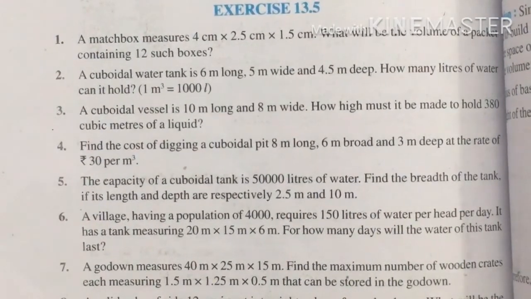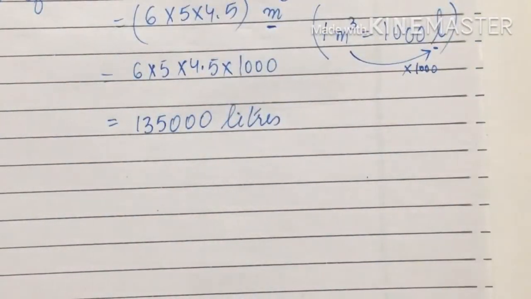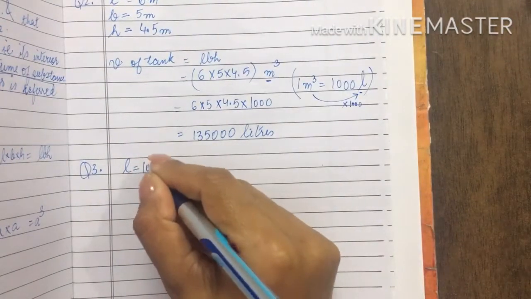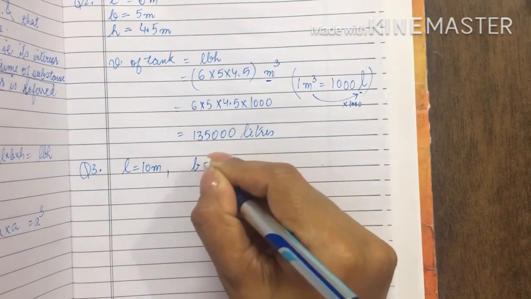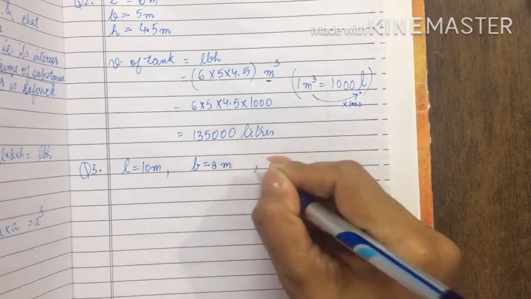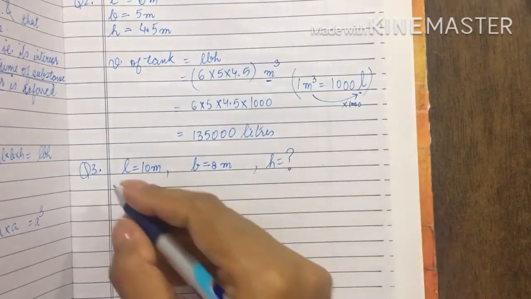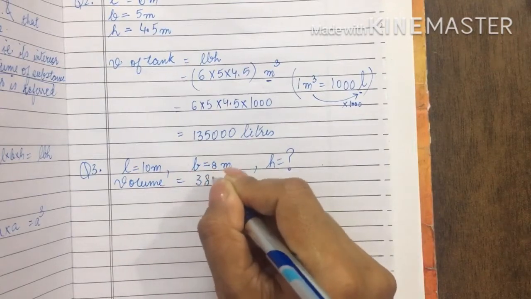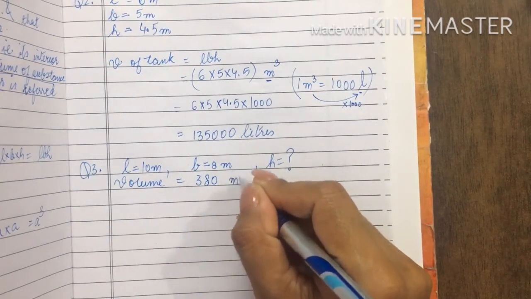So we start this question by making an equation. You've been given length as 10 meters, the breadth as 8 meters, the height of the vessel is missing, but the volume is given as 380 cubic meters.